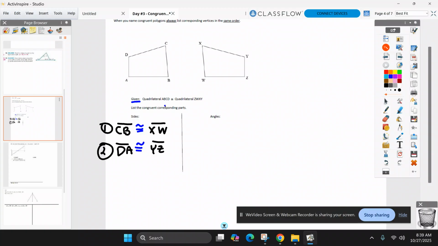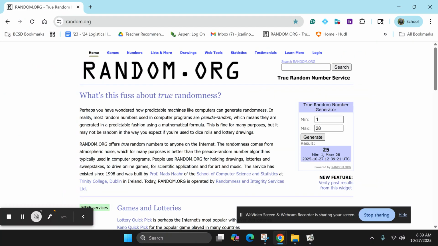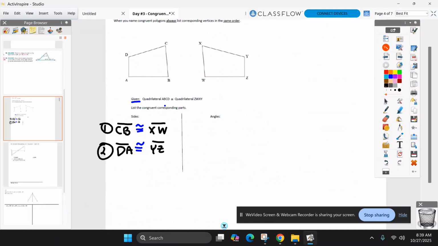All right, anything you tell me that matches up will be congruent here. Keep it going. Another pair, please. AB corresponds with WZ, meaning just because they correspond and the figures are congruent, so are those sides. Perfect.